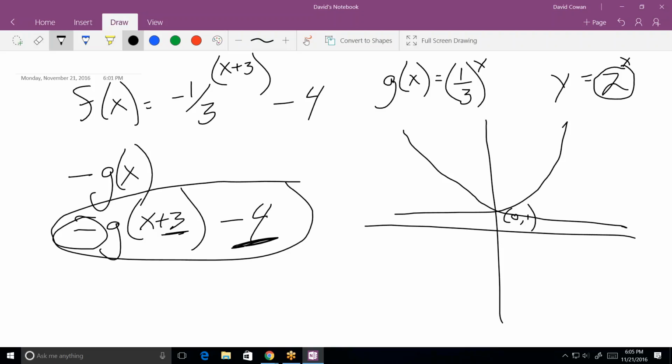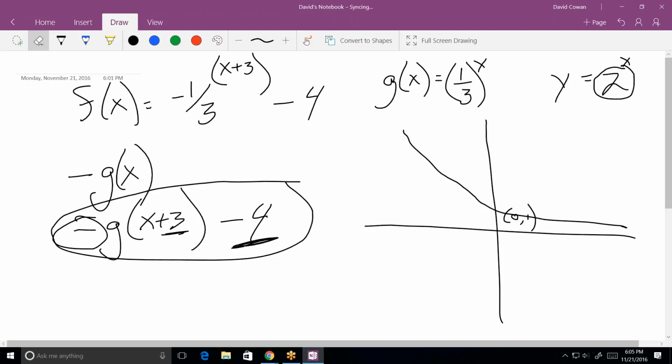So the very first thing to do is to draw the original curve. And this is just something you have to learn: if your base is greater than 1, then it's going to go low left to upper right. If your base is between 0 and 1, it's going to go upper left towards the x-axis.